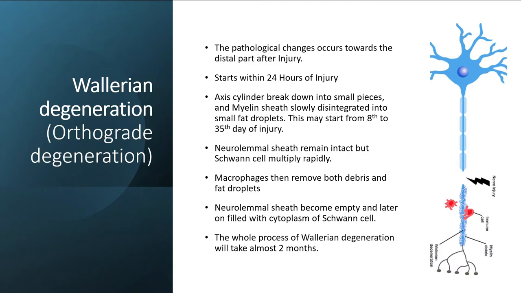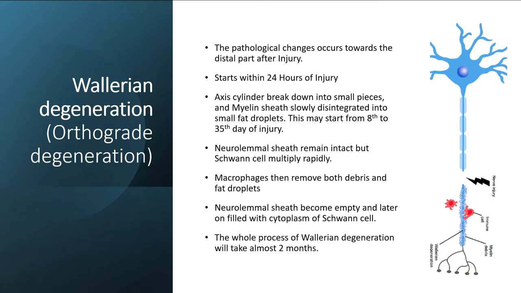That is why it is known as orthograde degeneration, and it starts within 24 hours of the injury. For example, the cut is there, and within 24 hours these pathological changes will start.